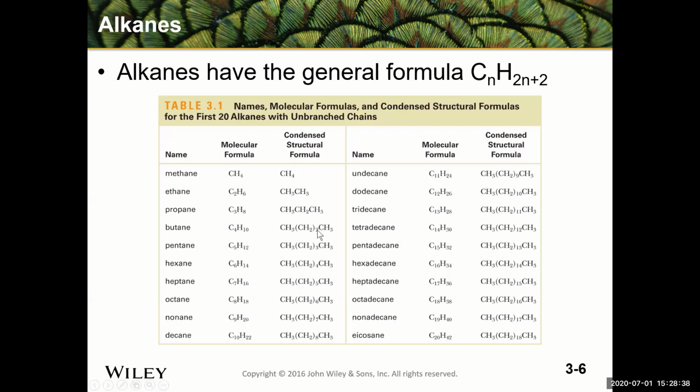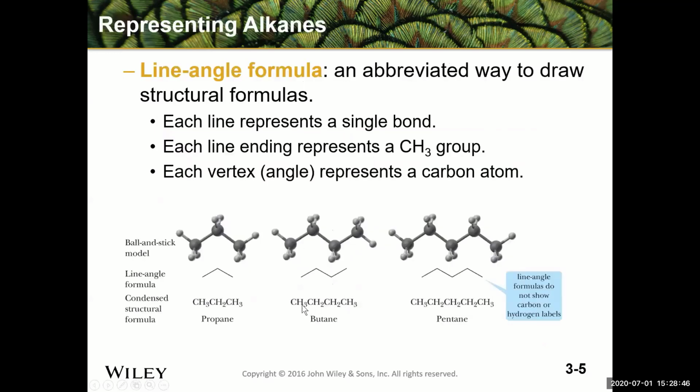But notice that we can even simplify the condensed structural formula, because for butane, we could write CH3, CH2, CH2, CH3. We can put the carbon and hydrogen units in these condensed structural formulas, but you know that you're going to have 2 of these identical CH2 units in butane.